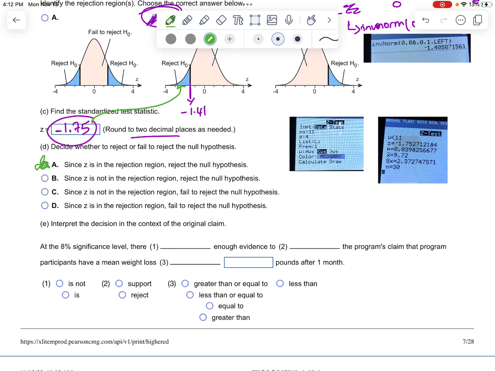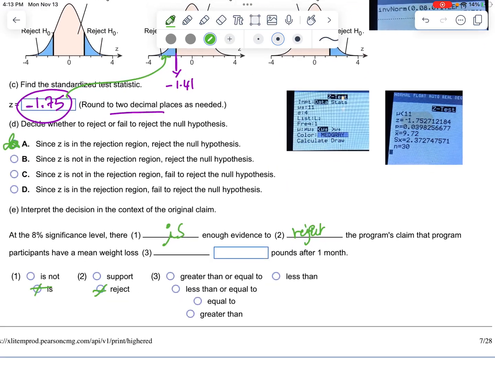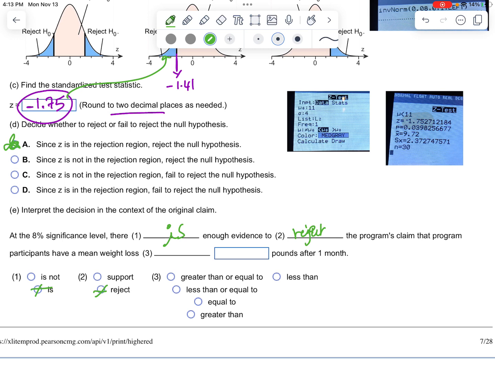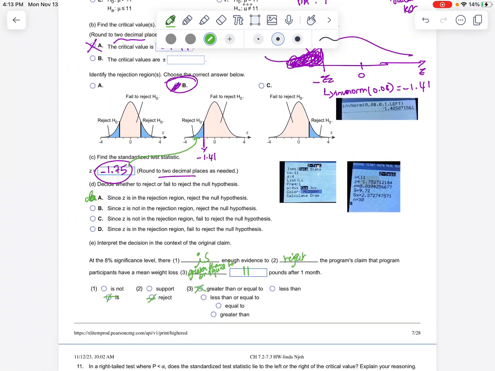So at the 8% significance level, there is enough evidence to reject the program's claim that the program has a mean weight loss greater than or equal to 11 pounds.